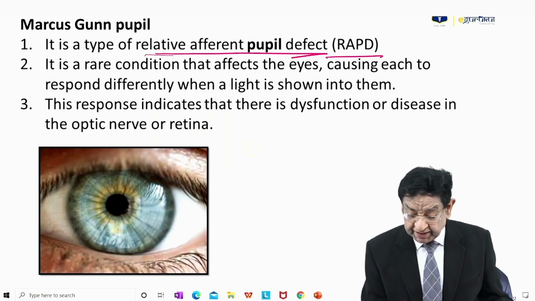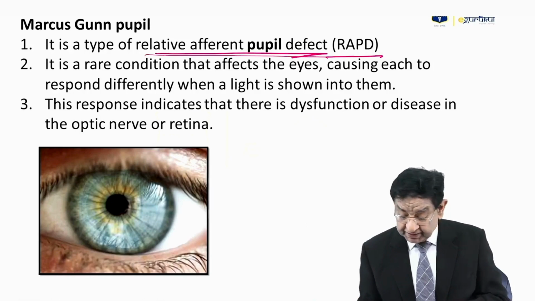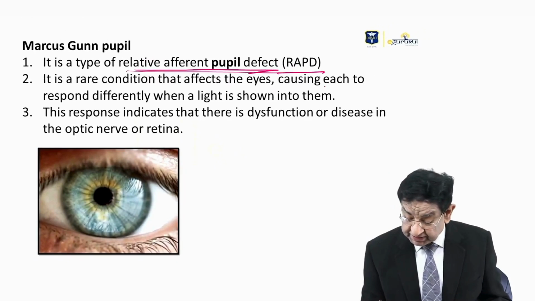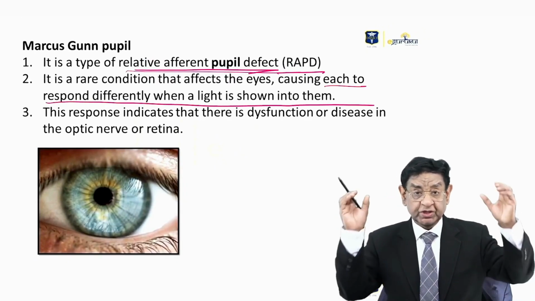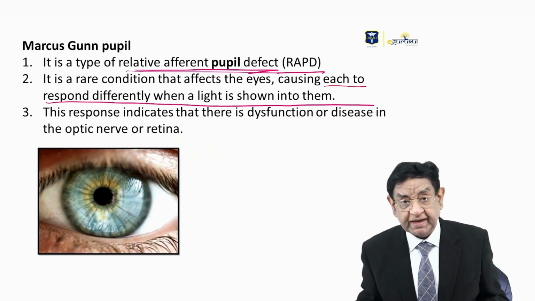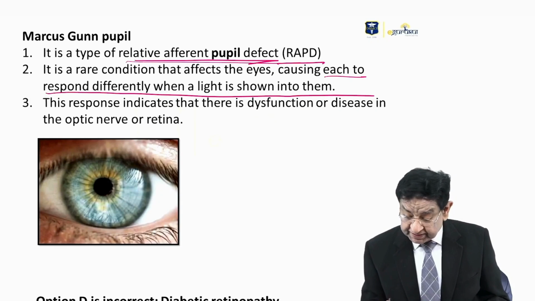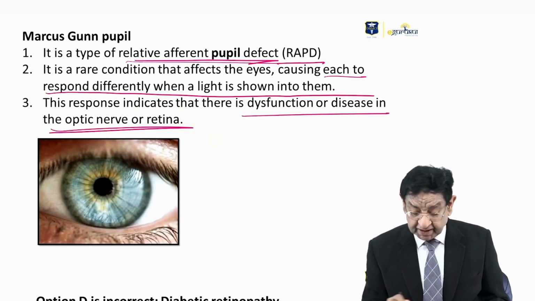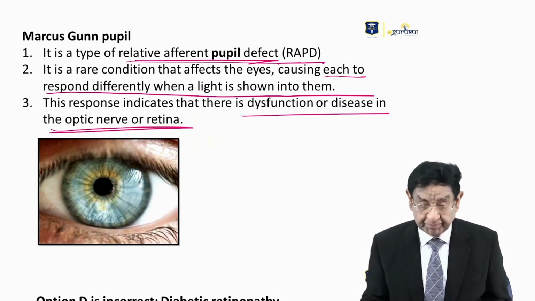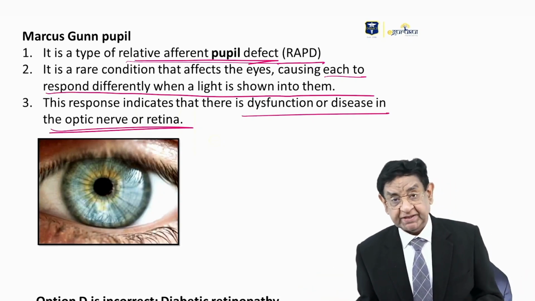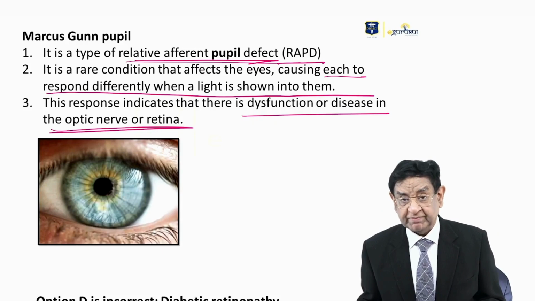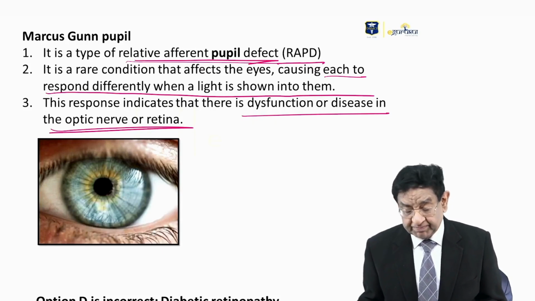So we call it a relative afferent pupillary defect. This causes each eye to respond differently when light is shone into them. You are throwing light; both are responding differently. There is a dysfunction or disease in the optic nerve or retina, Marcus Gunn pupil, because of demyelination. Even with the light response given to them, they behave differently.